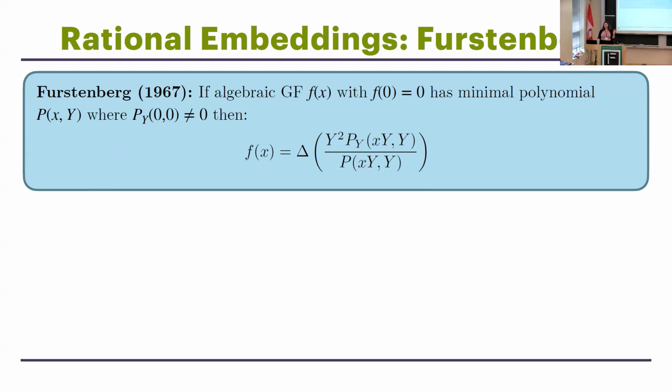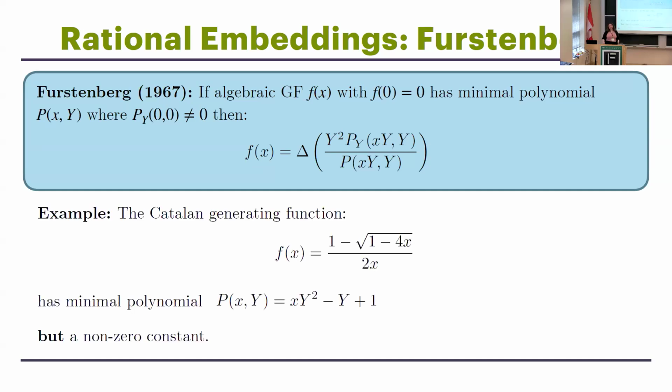If both of those conditions are satisfied, we can get that f of x is in fact the main diagonal of this rational expression here. And again, this is always going to be rational because p is a minimal polynomial. It's a polynomial, so this is certainly going to be a polynomial over a polynomial. That's the main diagonal, the 1, 1 diagonal. So when I'm looking at my coefficients, my original coefficient of x to the n is going to be the coefficient of x to the n, y to the n in my embedding.